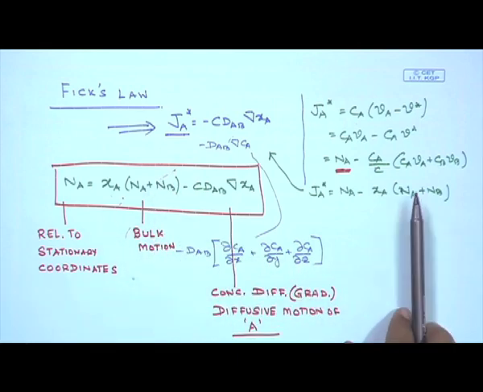In some cases, there would be a relation between Na and Nb which arises due to some other factors. For example, it could be a case of equimolar counter diffusion. That means, for 1 mole of A moving in this direction, 1 mole of B is moving in the opposite direction.